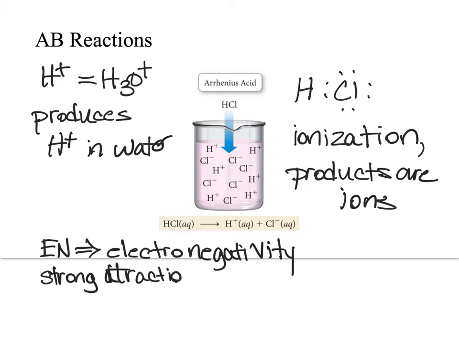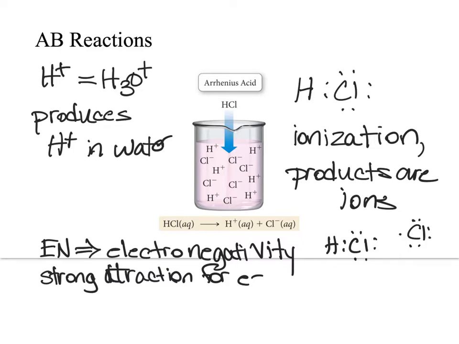Strong attraction for electrons. So HCl, because that chlorine is electronegative, its Lewis dot structure on its own, remember there are 7 valence electrons.